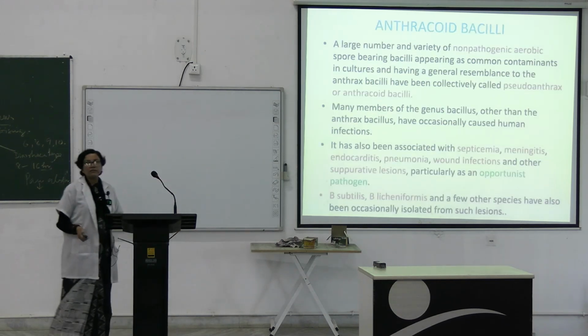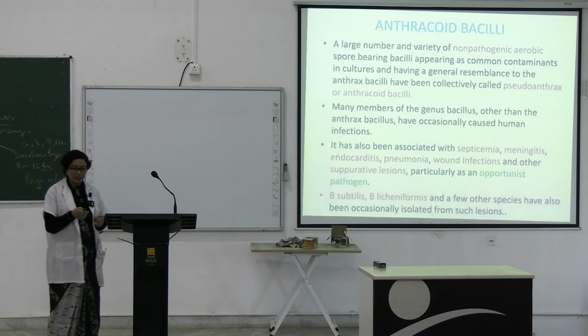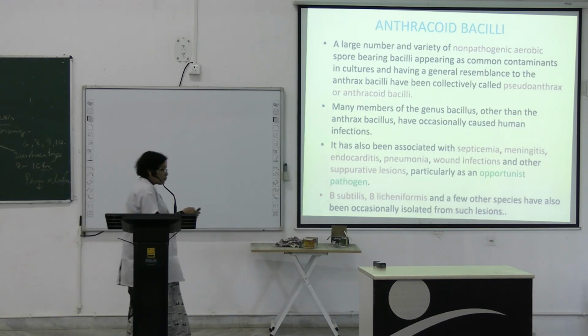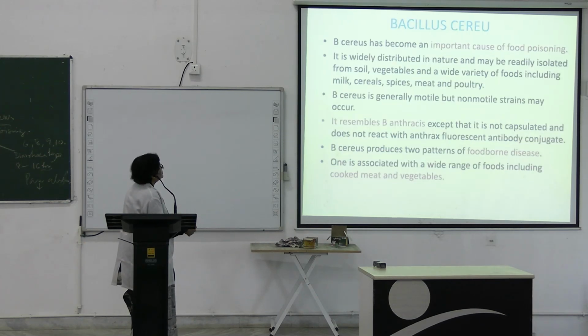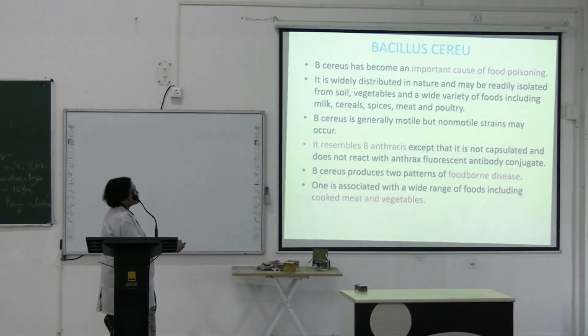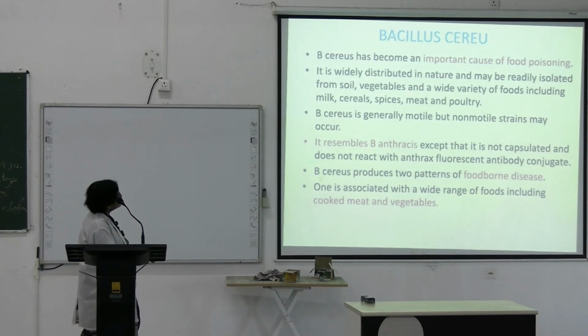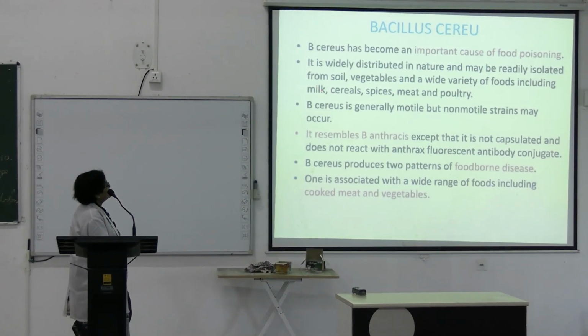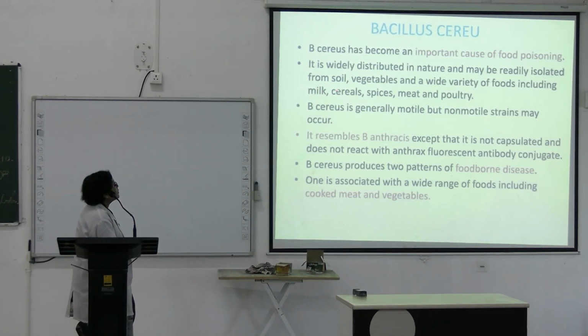Anthrax-like bacillus, that is Bacillus cereus, which causes food poisoning. Bacillus cereus is an important cause of food poisoning due to milk, cereals, spices, meat and poultry.